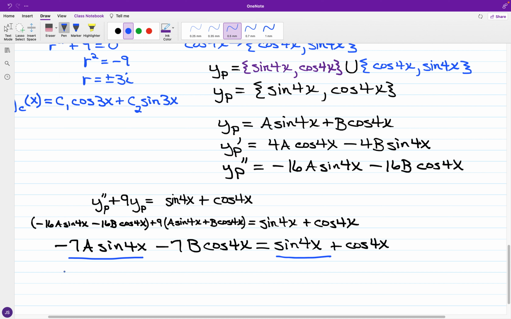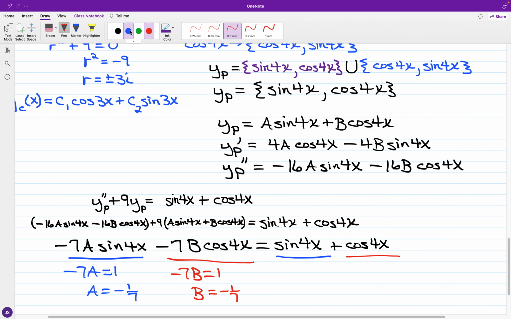Just matching up what we have here, negative 7a is equal to 1, from which a is equal to negative 1/7, and negative 7b cosine of 4x equal to 1 cosine of 4x, so b is likewise negative 1/7.